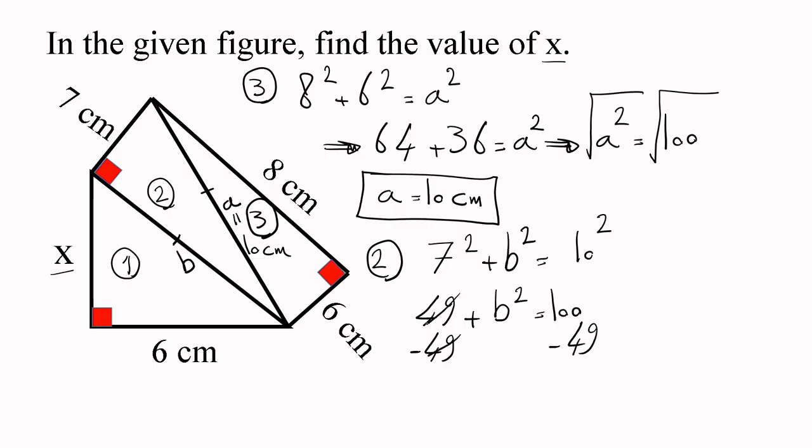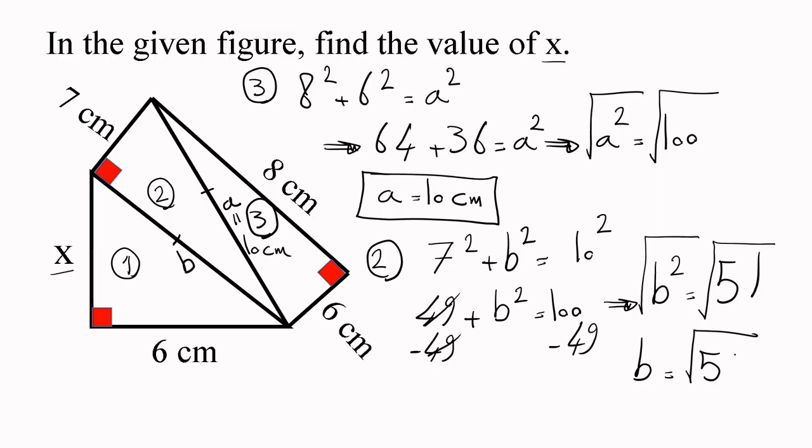If I simplify that, I'm gonna have b squared is equal to 51. Let's take a square root from both sides. Really easy. So b would be radical 51, and I'm not gonna simplify that because 51 is not a perfect square, and this is centimeters. Let's write that here. So b would be equal to radical 51 centimeters.